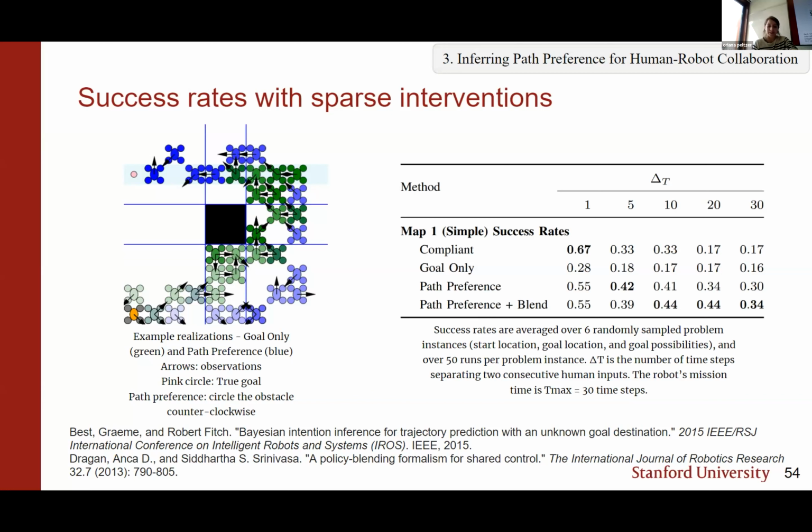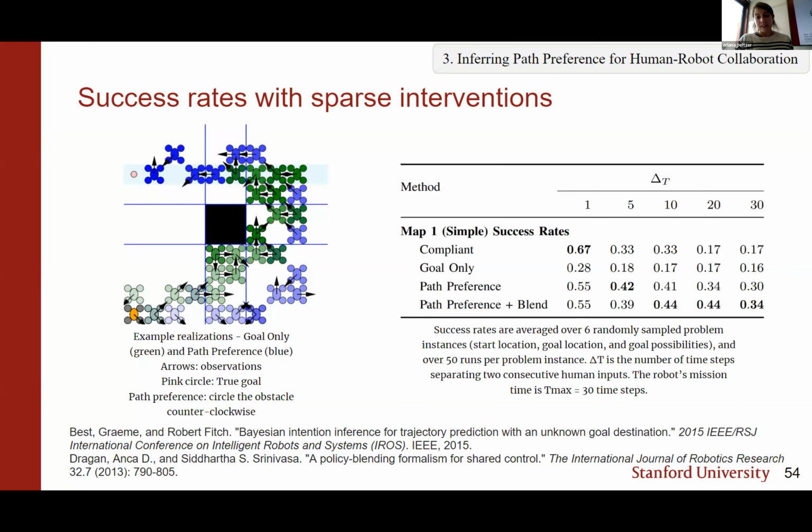And we created a human model that was pretty noisy, so these problems are actually very difficult to solve. What we did notice was that reasoning over path preferences led to a consistent improvement over trying to infer only the goal of the task.